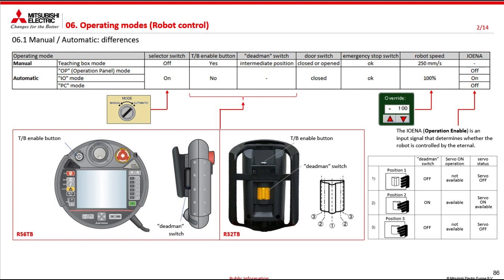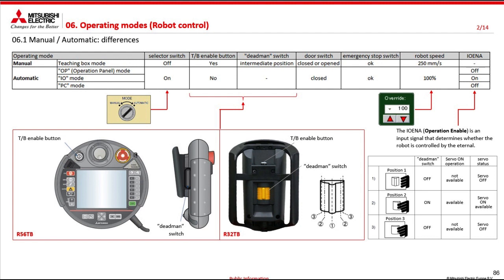To work with the teaching box, and therefore to move the robot and turn on the motors, it will be necessary to press the deadman halfway. But sorry, what is the deadman? It is this lever that we find in the rear part of the teaching box, which is characterized by having three positions. In the released position, with the deadman button off, it will not be possible to turn on the motors.